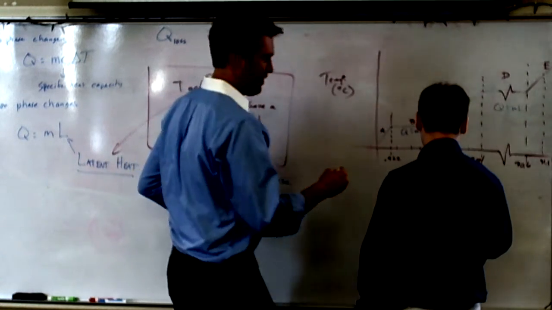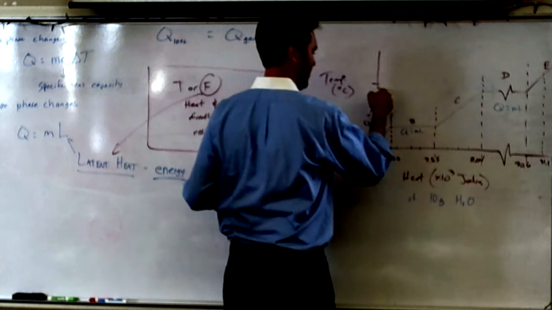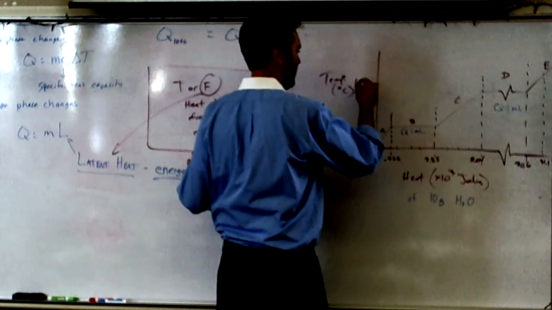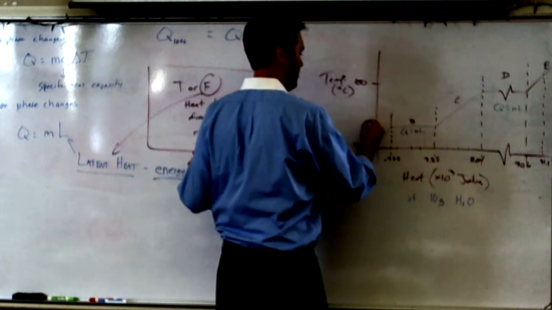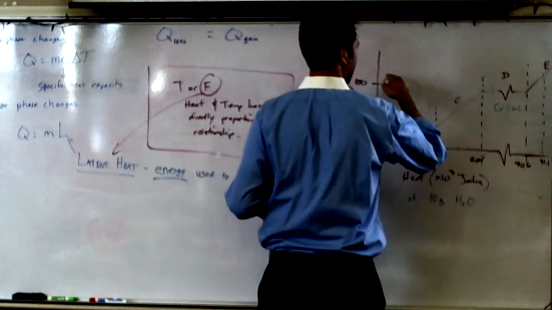We have -25, 0. Well, you could fill that in. This has to be obviously what? 100. Why do you know it's 100, AJ? Because it's the boiling point of water.